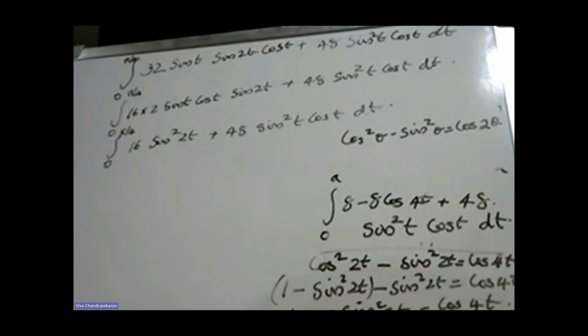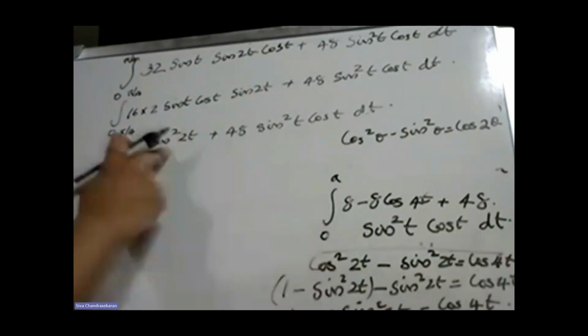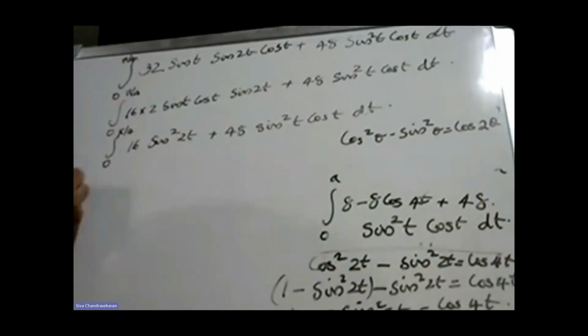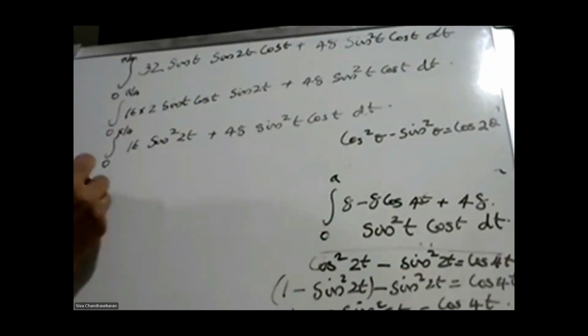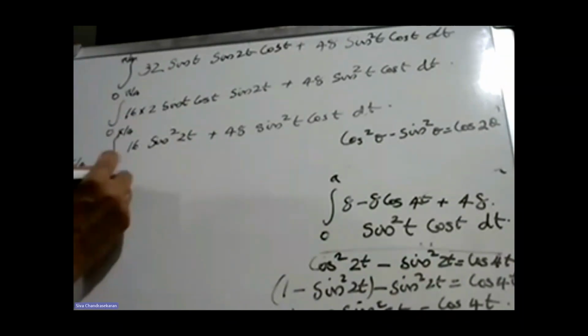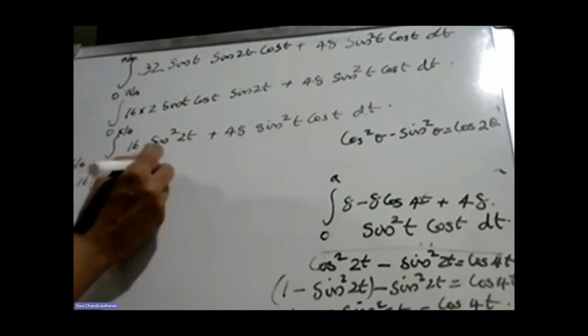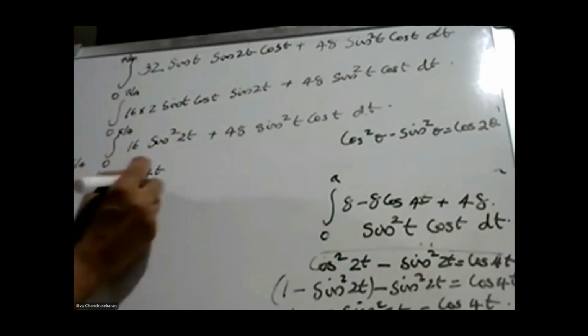From which I can write, 1 minus cos 4t by 2 is equal to sine square 2t. So this is now the integral from 0 to pi over 4 of 16 times 1 minus cos 4t by 2.